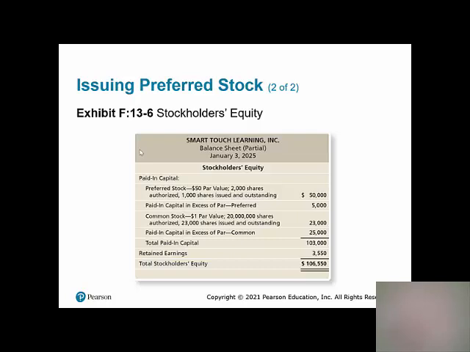We're going to show the par value for the preferred stock first, 50,000, then the paid-in capital in excess of par preferred, and then we'll list our common stock and our paid-in capital in excess of par common. Now we would add all of those together to get total paid-in capital of $103,000, which we would add to retained earnings, and that would give us total stockholders' equity of $106,550. And that is the conclusion of the demonstration for Learning Objective 2.